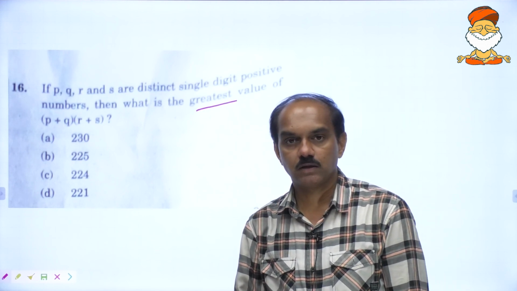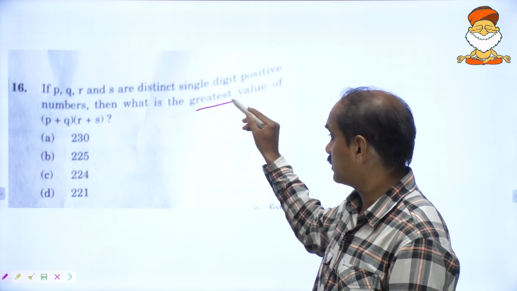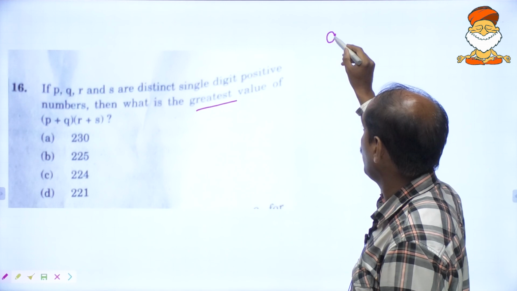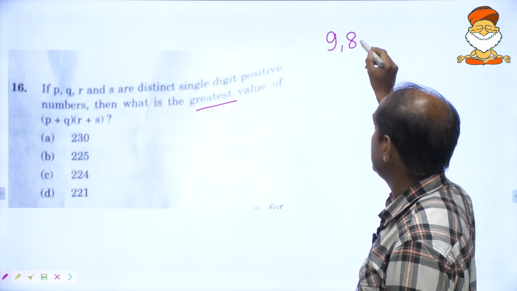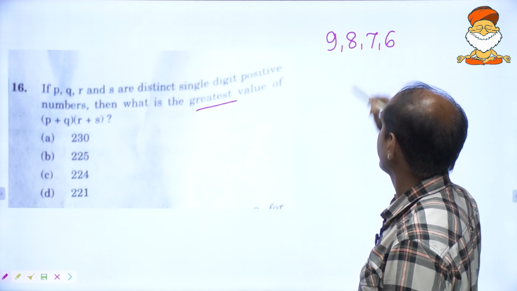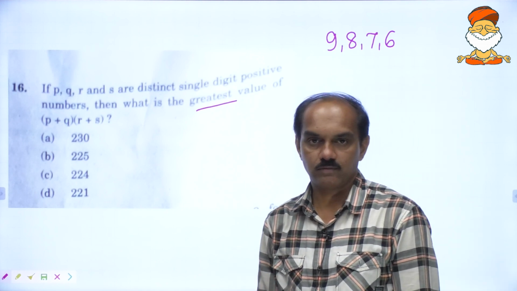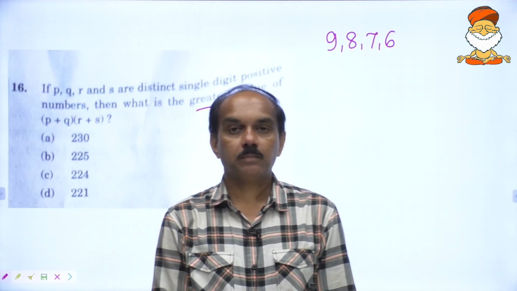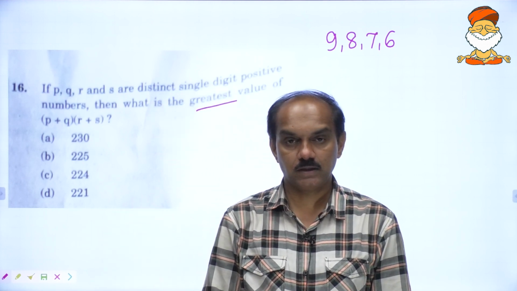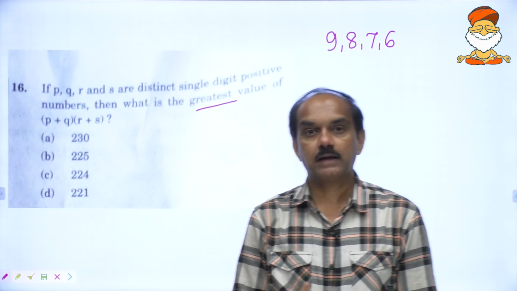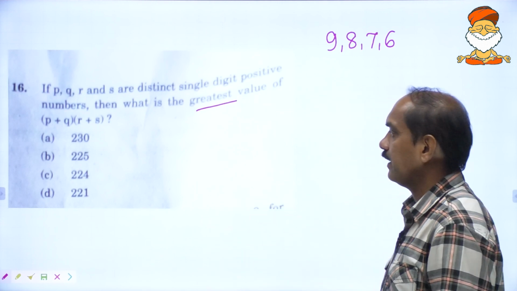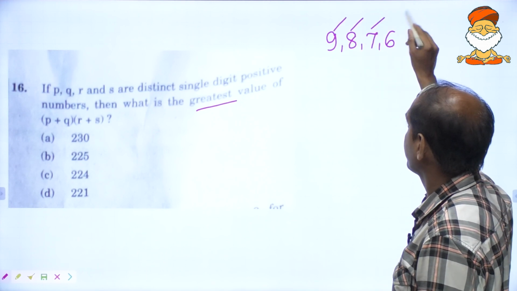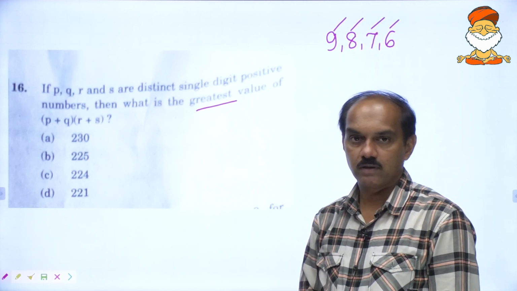When he uses the word greatest, then quickly you will have to go with these digits and not 1, 2, 3, 4. If you take 1, 2, 3, 4 and all, then you will be getting the least. But he has used the word greatest. That is the reason why you will have to take quickly the digits of higher order.